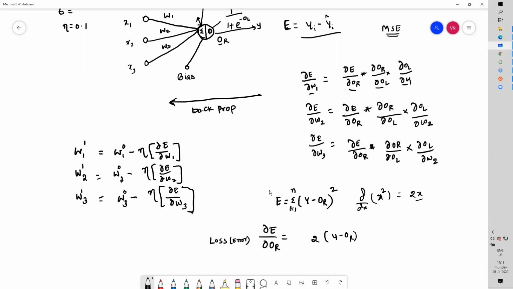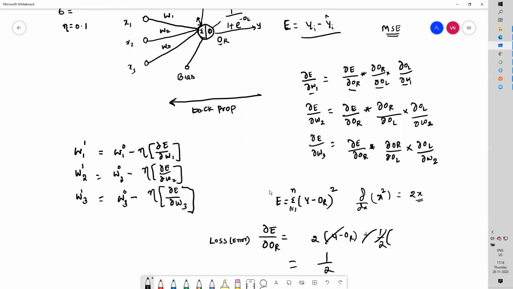We write this as 2x, right? Then again, we would be deriving for this one, which is y minus OR. Just a minute, because I'm trying to recollect how to do the derivative, because it's been quite some time since I applied derivatives myself. So this would be like this, my mistake.